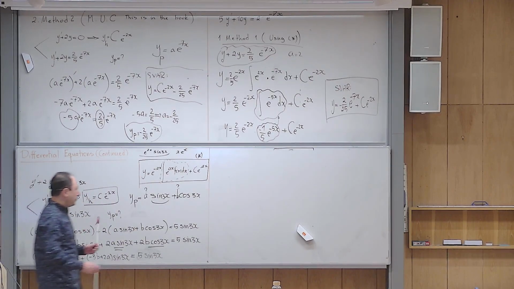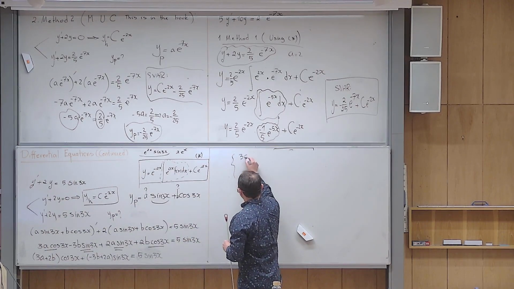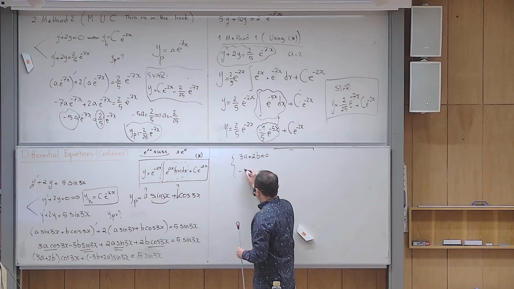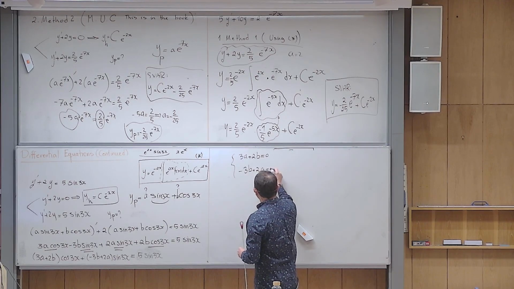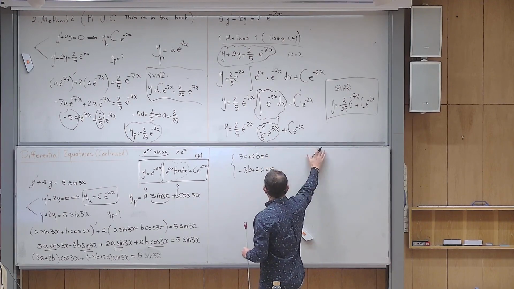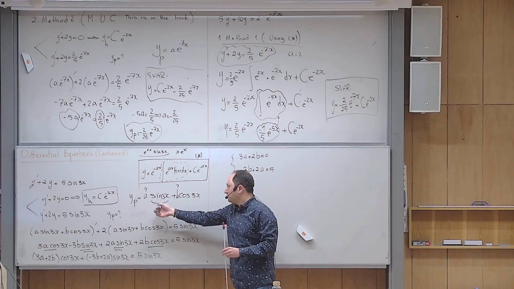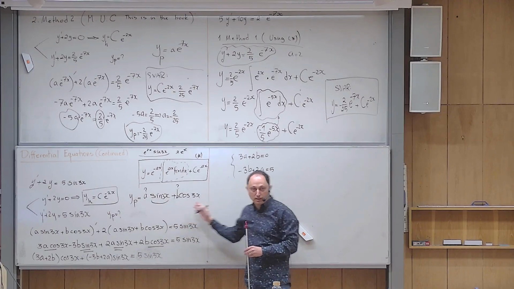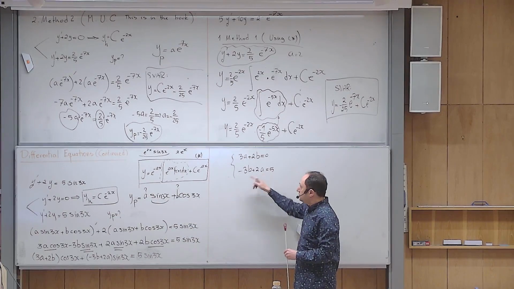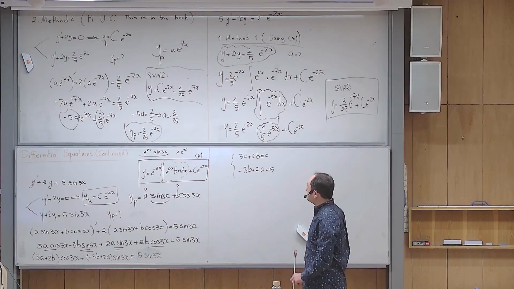So here, I have to make 3a plus 2b equal to 0, and I have to make minus 3b plus 2a equal to 5. And you see that even though you could guess, it is hard to guess a and b in a correct way. But here I am not guessing anymore. So that's a combination of guesswork and analytic work. So I want to solve the system.